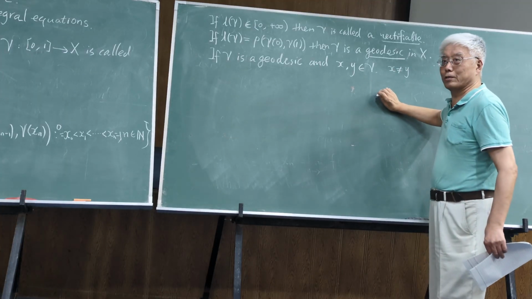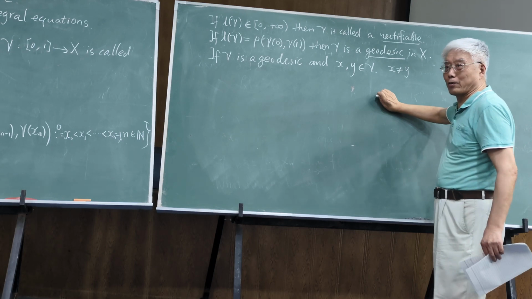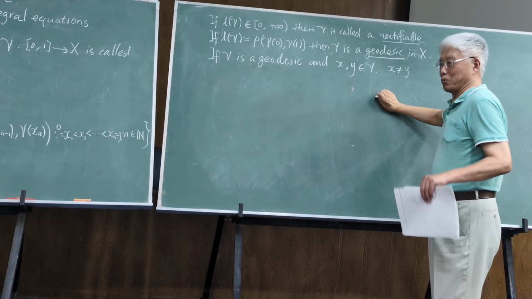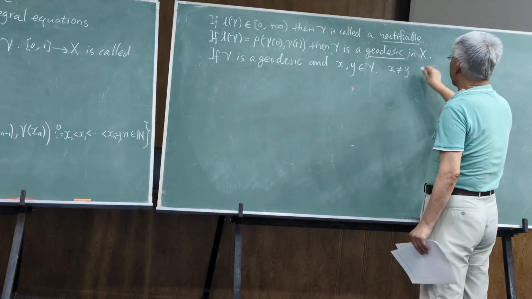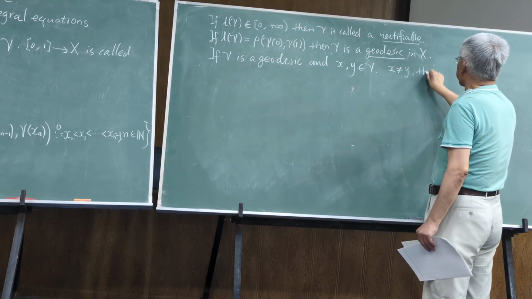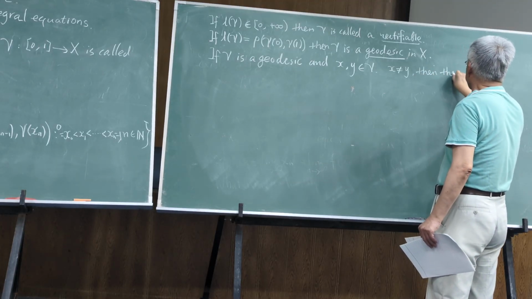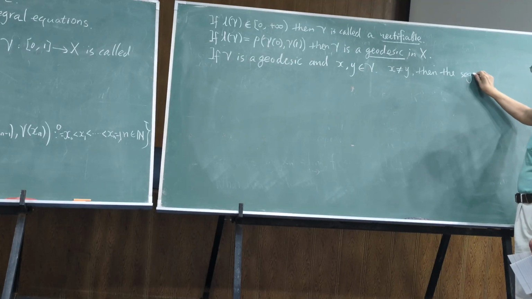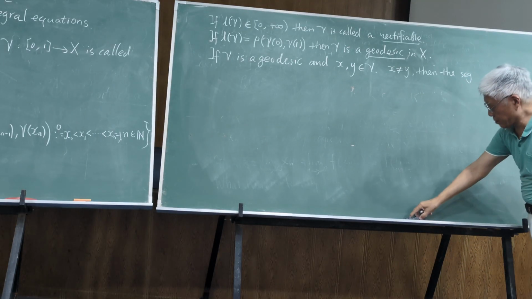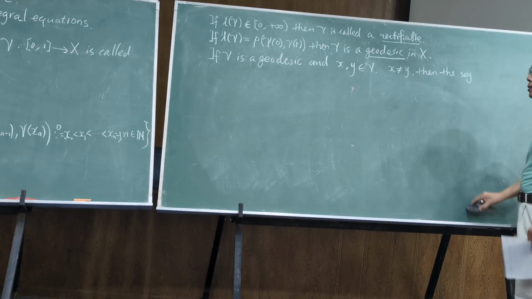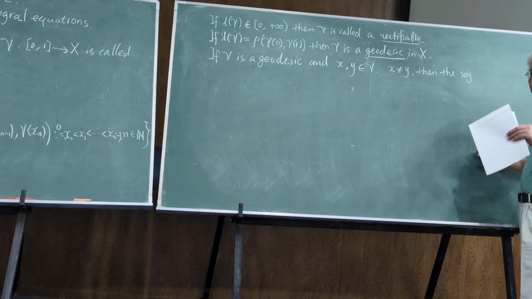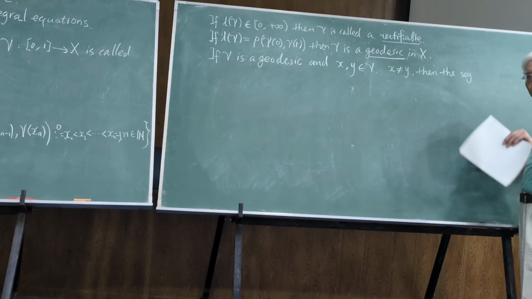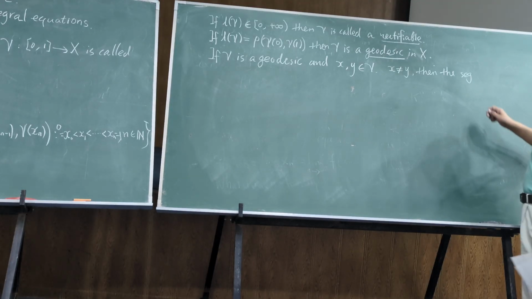Of course, if they are equal, the first axiom says the distance is 0 and it is definitely the shortest among anything containing a point to itself. Then the segment of gamma from gamma x to gamma y is the shortest among all paths.